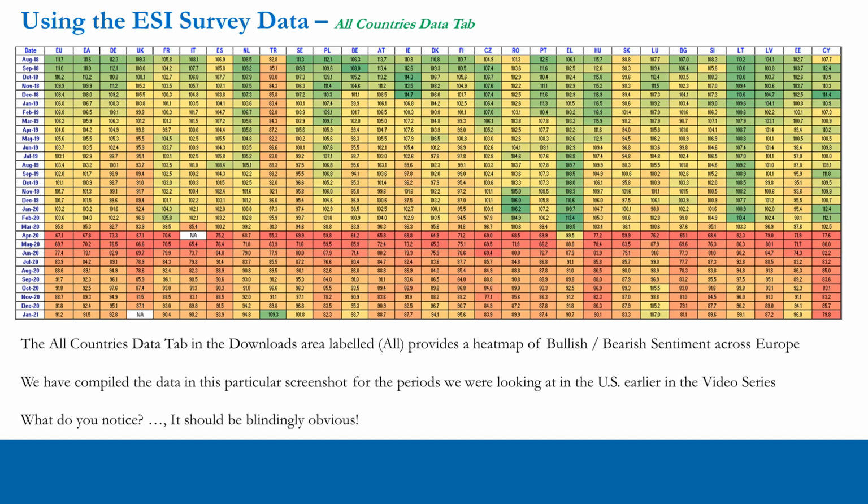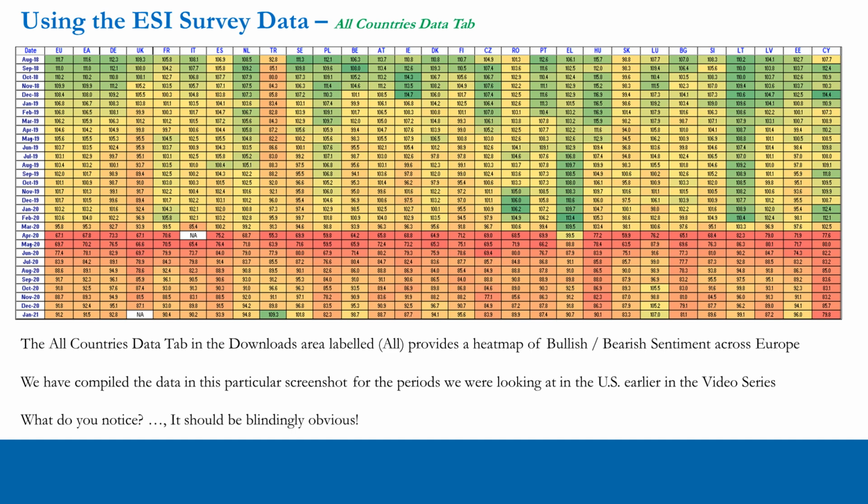And we've taken a screenshot here from August 18 to the beginning of 2021. So from previous videos, our times of economic history that we looked at from previous videos. So the August 18 to August 19 period, and also up to December 2020.